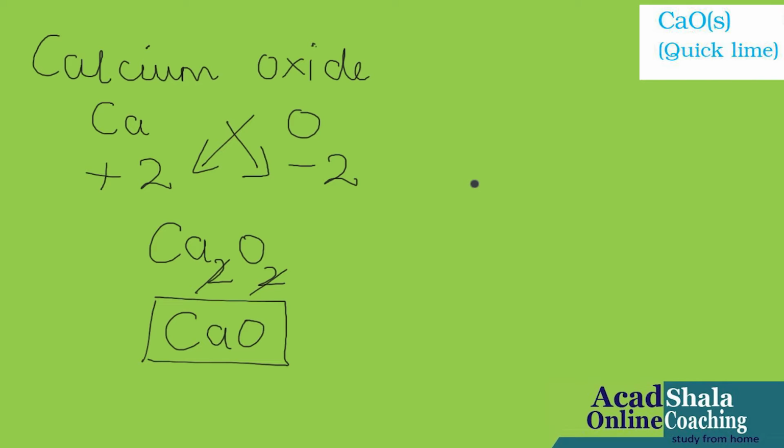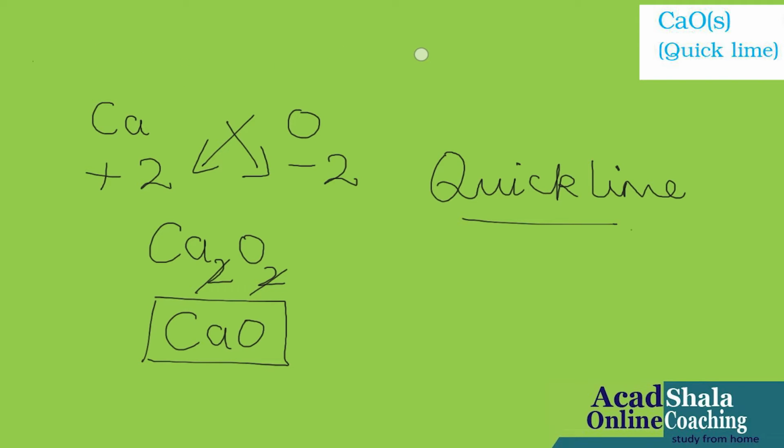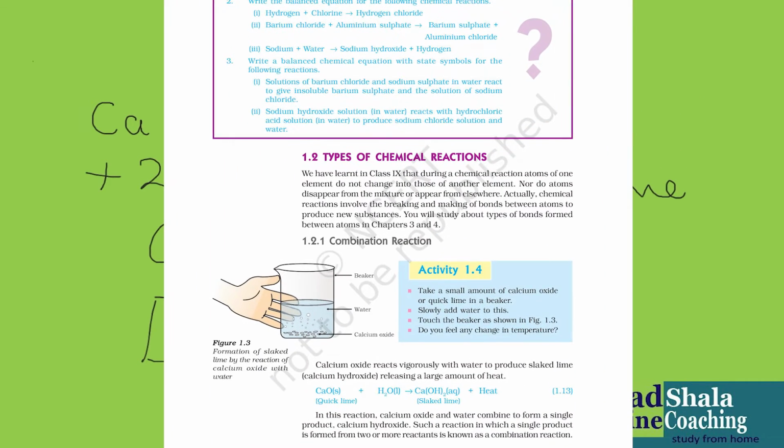But I want to know the common name of this. So the common name of calcium oxide is quicklime. You should know it. Very important. Now the question can be asked by your teacher, not directly, but indirectly. How?